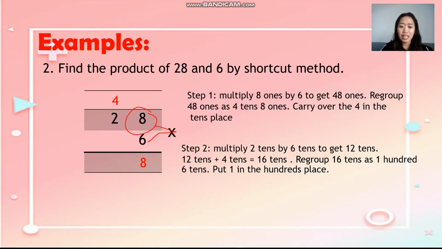Next, step 2, we have 2 tens times 6. 2 times 6 equals 12. Then 12 plus 4 equals 16. We write 6 in the tens place and 1 in the hundreds place.